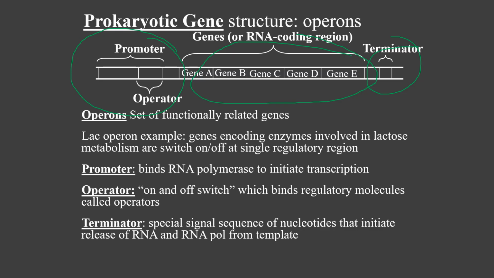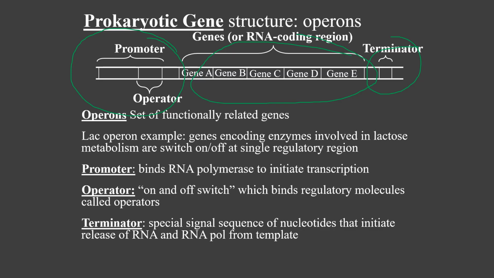This only exists in prokaryotes, and it's specifically called a lac operon. And this gets switched on when there's lactose to use. So there's different types of sugars. There's glucose, there's lactose. When lactose is present, bacteria will switch on the lac operon, and that turns on genes like lactase, which can break down lactose.